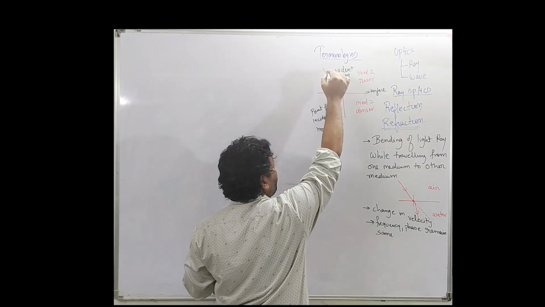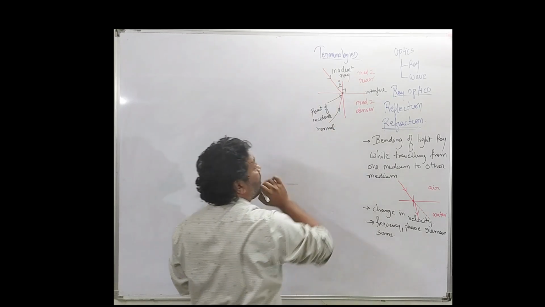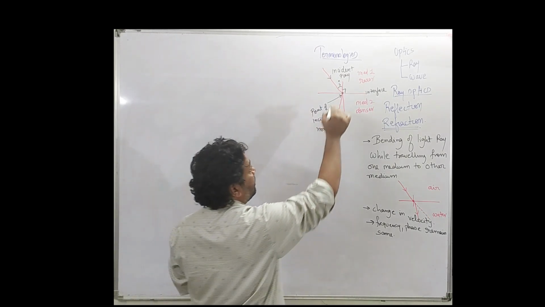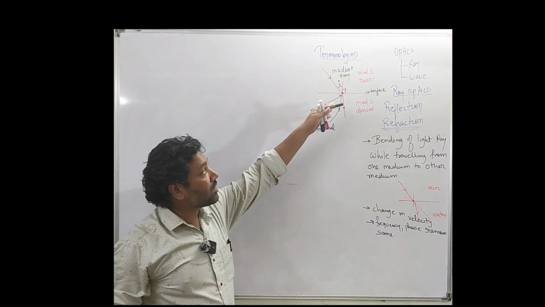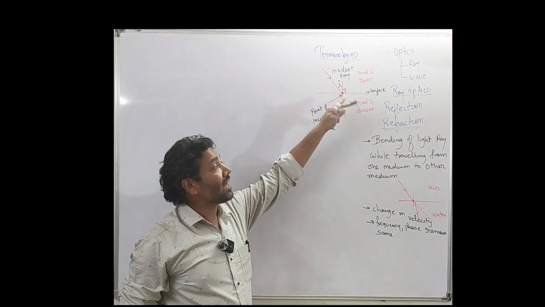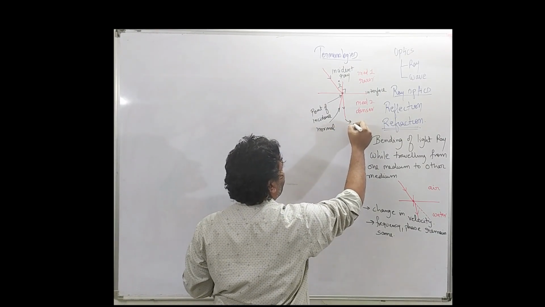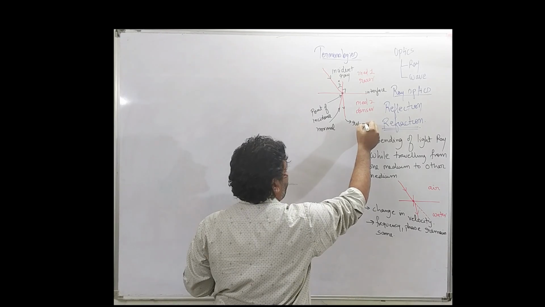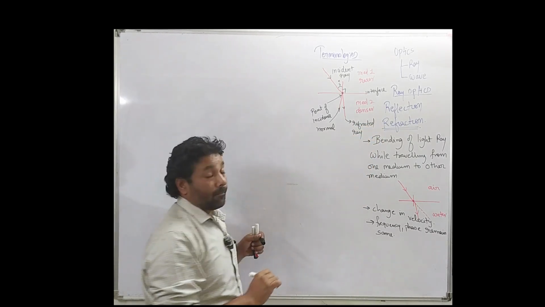The angle between the incident ray and the normal we call the angle of incidence, and the ray of light which enters into the second medium, this ray of light we call the refracted ray. Since it has bent, we call it a refracted ray.